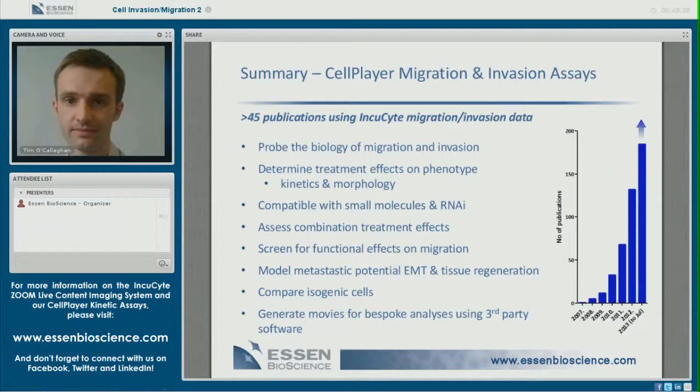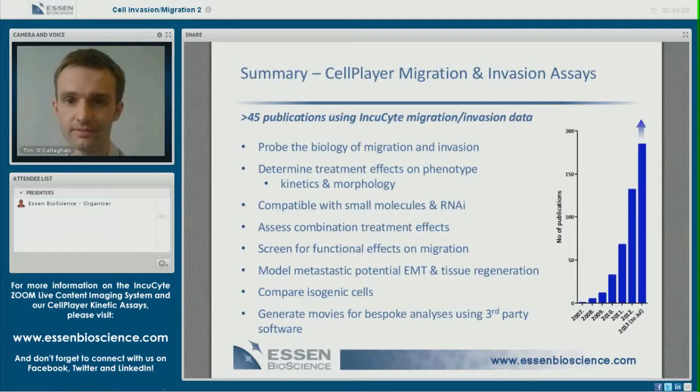However, we can only image within a single Z plane, so we can't perform Z stacks. So in that respect, the measurements are made within a 2-dimensional cell plane. But we feel that that is a very good measurement of cell invasion.